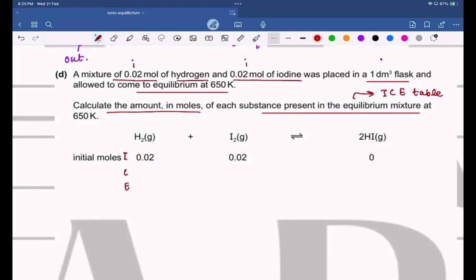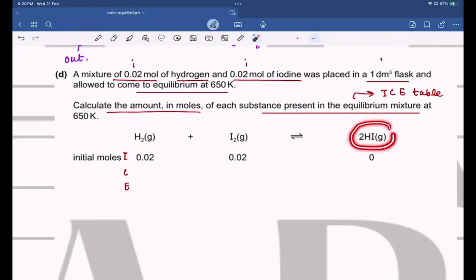Okay. So if you see over here, how many moles of hydrogen are there? One. And how many moles of iodine are there? One.